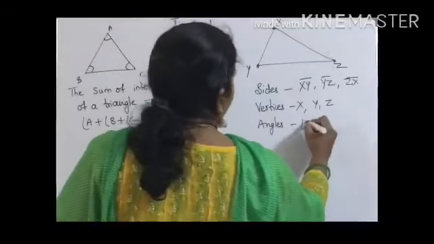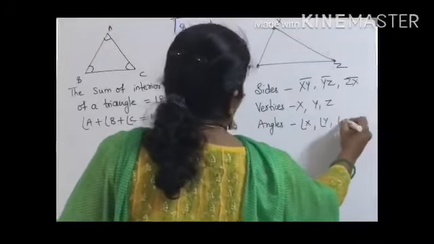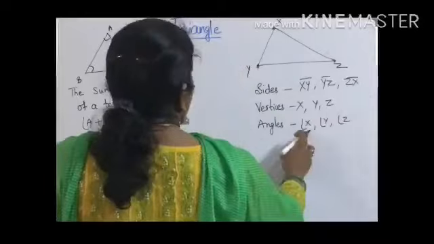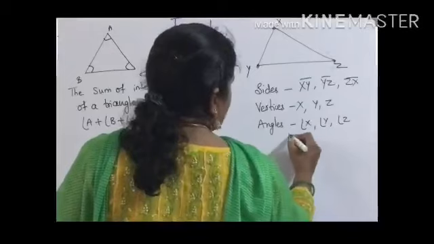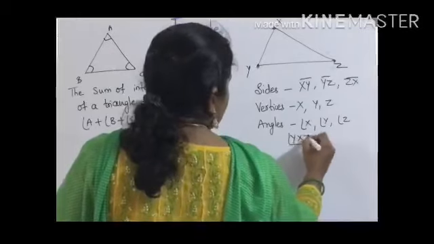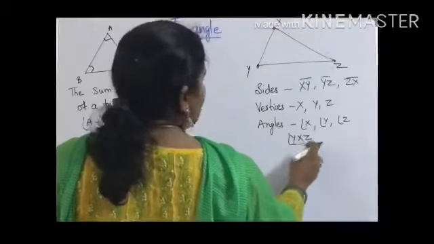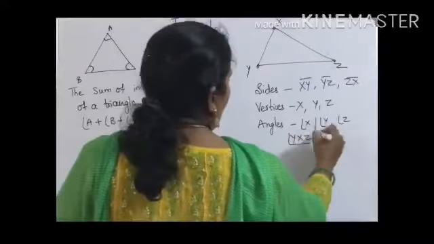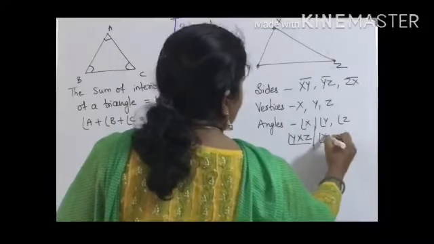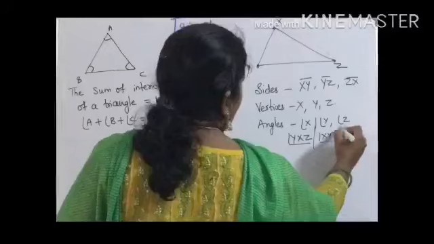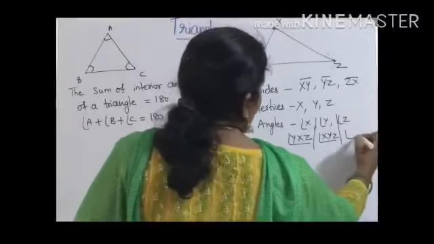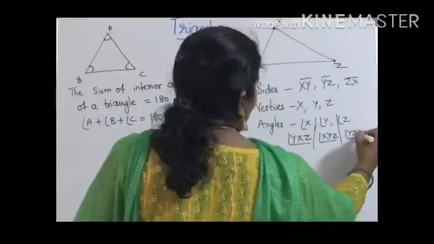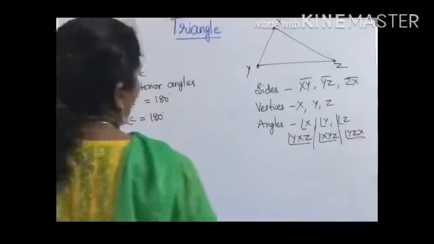Coming to angles, angle X, angle Y, angle Z, and you can represent a single letter with 3 letters also. Angle X can be represented as angle YXZ or angle ZXY. Angle Y can be represented as angle XYZ or ZYX, and angle Z can be represented as angle YZX or ZXY.